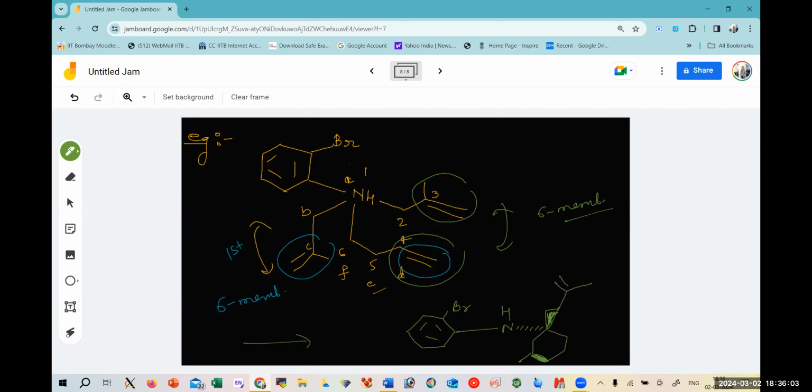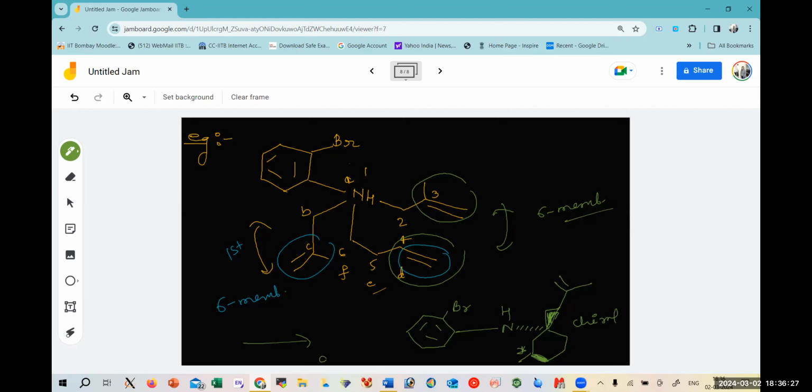This would form a double bond, and this is your methyl. So if I combine these two, this would come as your chiral group at this side, because the carbon is having different substituents. This carbon is connected to this particular alkyl group, and this nitrogen, one side is different, other side is different. So this becomes a chiral center. Similarly, this is your chiral center, which is connected to different parts.